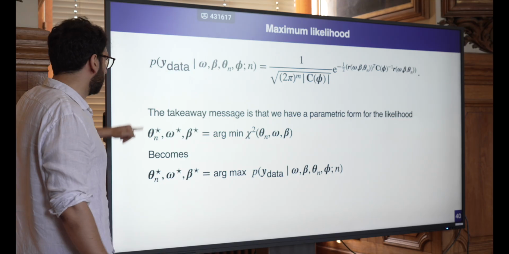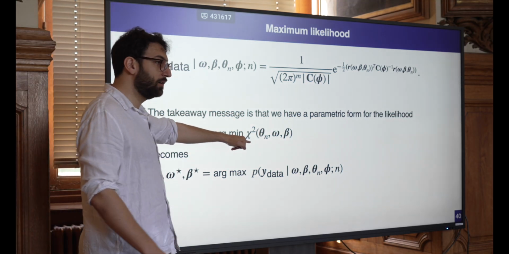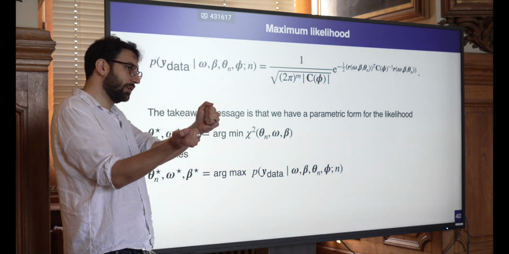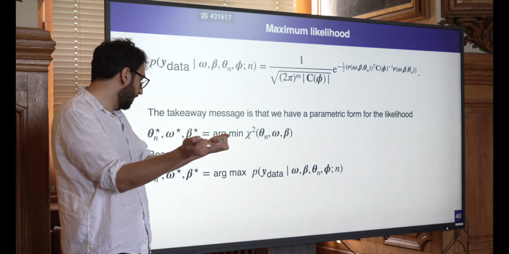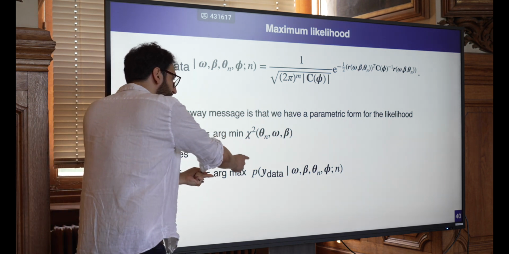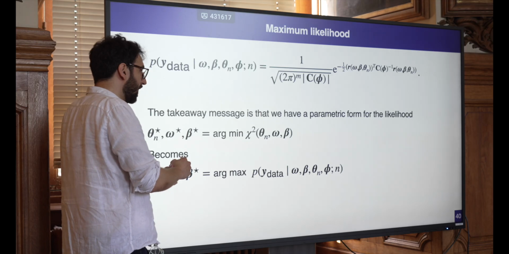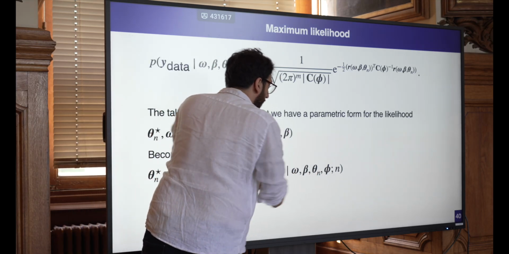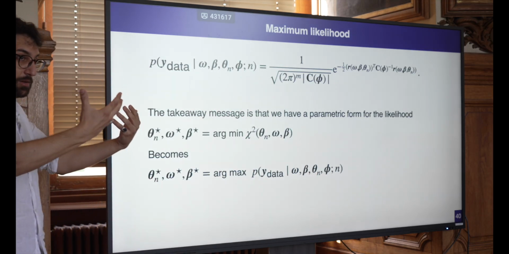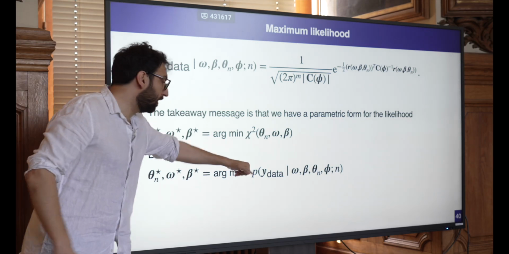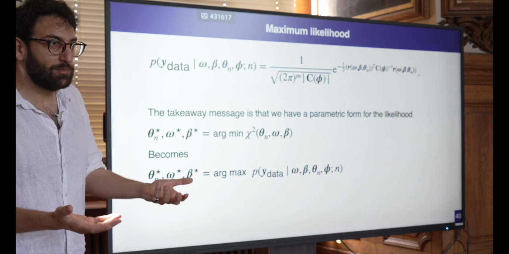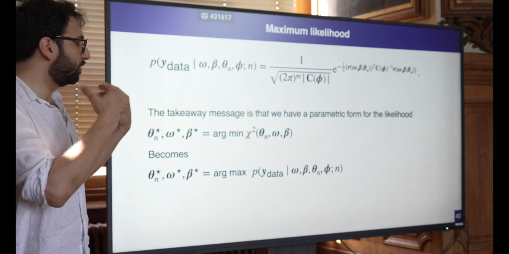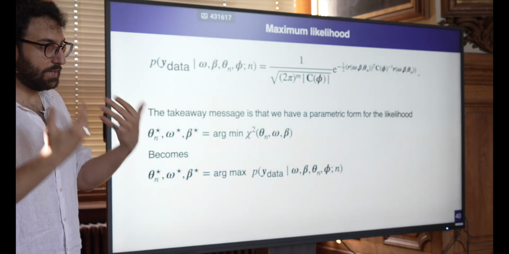So instead of minimizing the chi-squared, instead of minimizing the distance between the data and the model, I'm going to make the data as probable as possible. I'm going to try to find the parameters which maximize the likelihood, so which make the data the most likely, hence the name likelihood.